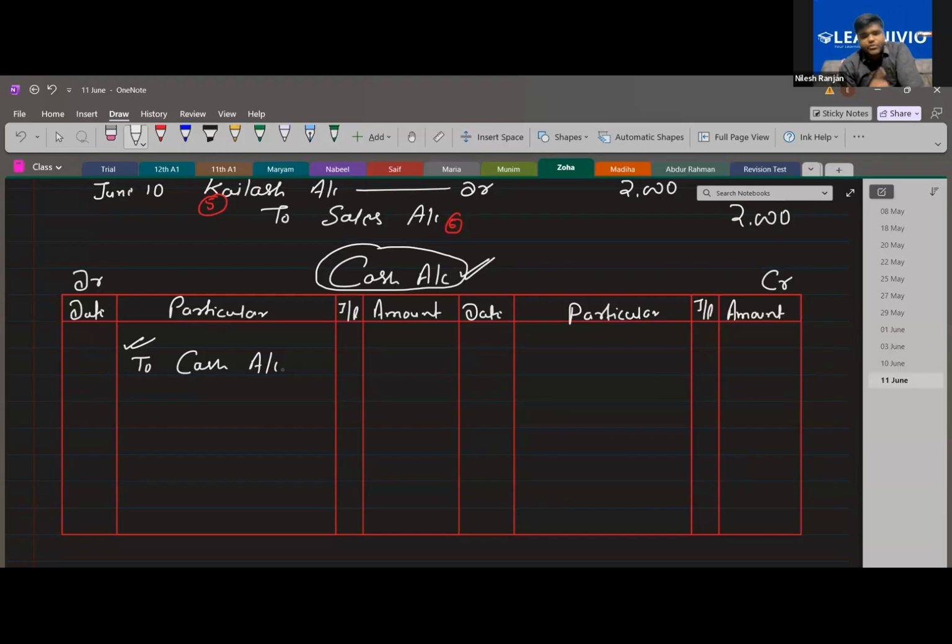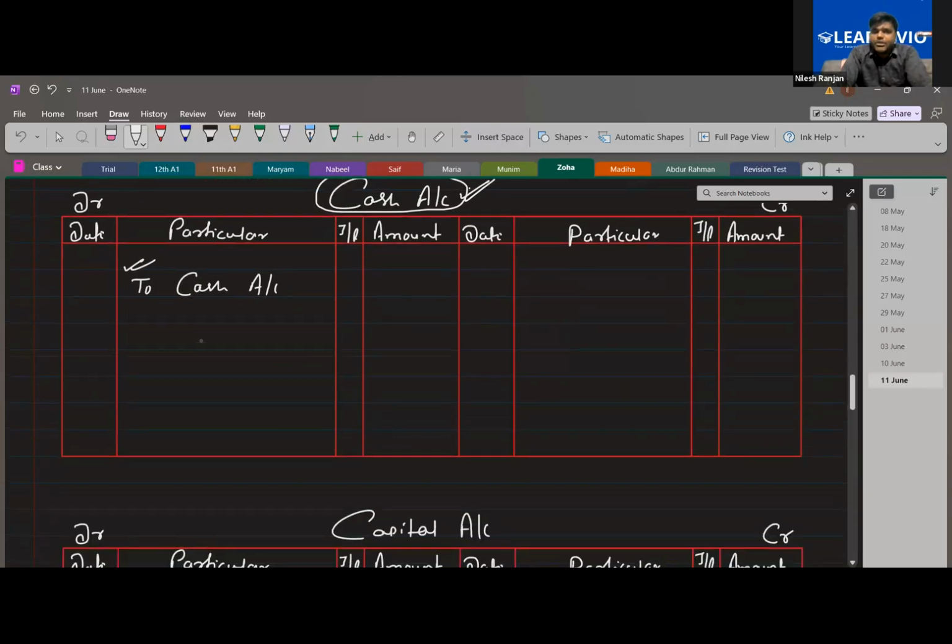Do you remember I told you in the beginning that when the owner's name comes in any transaction, we never write the owner's name? So in cash account, we cannot write cash account. We have to write the opposite side name because we cannot write the same account name.